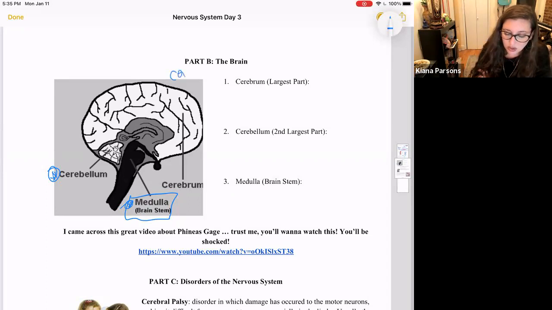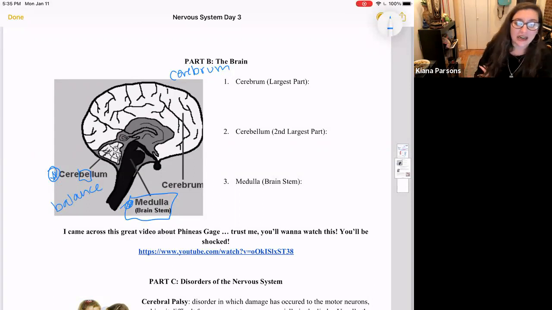So the cerebrum versus the cerebellum, which is involved in balance. So that's how I usually remember the difference between cerebrum versus cerebellum, that has an extra B sound in there. But your cerebrum is the largest part of your brain, and that is the thinking part of your brain.